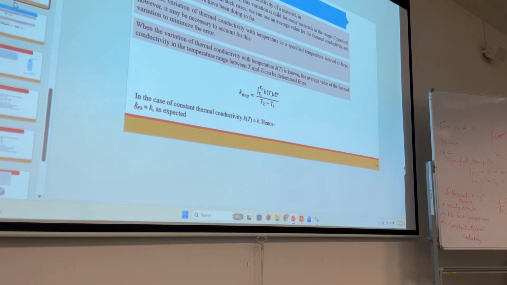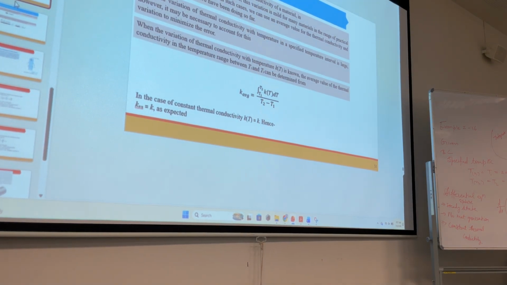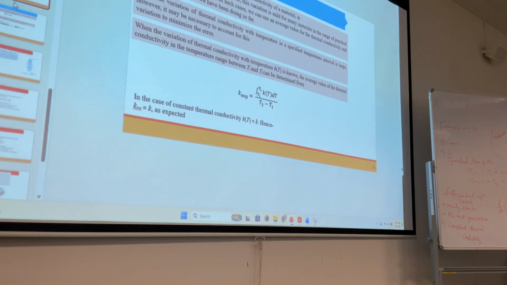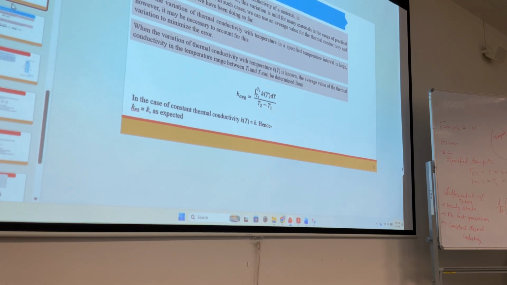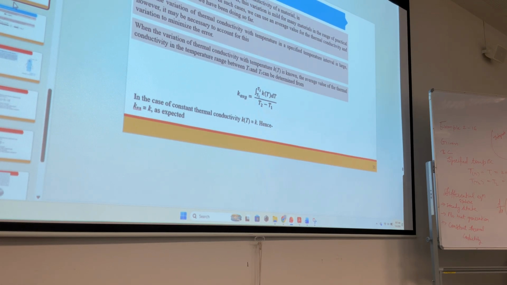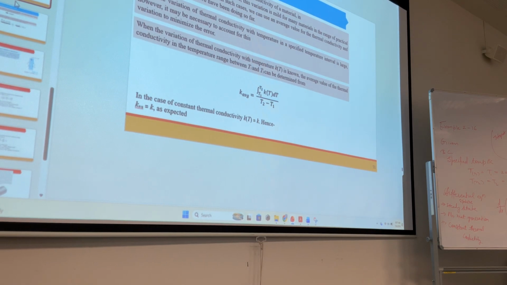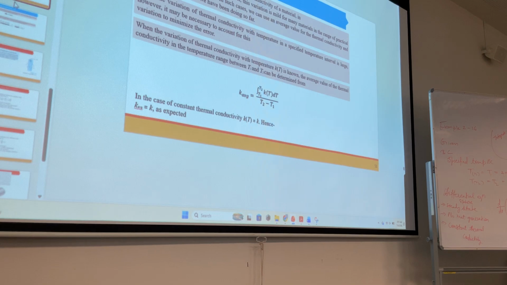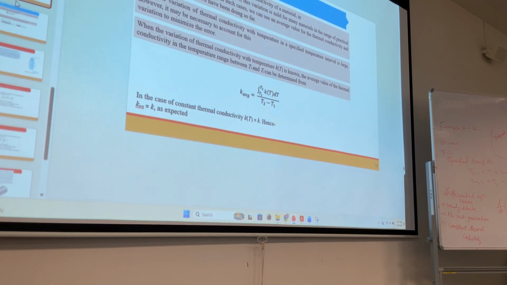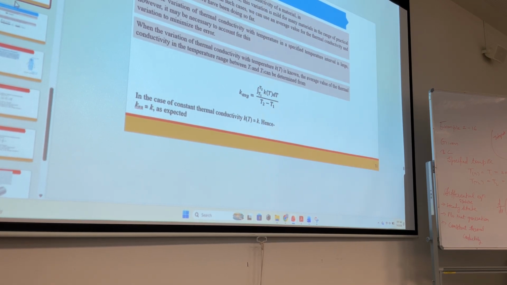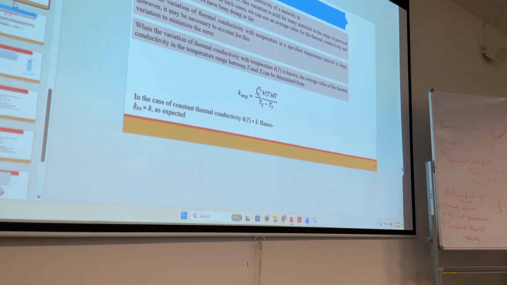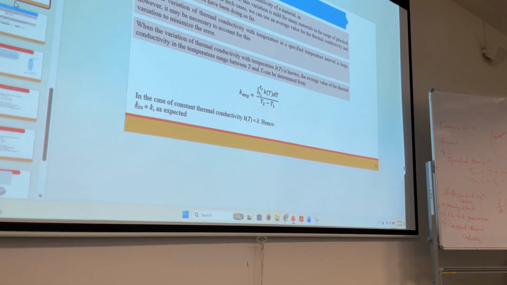Sometimes we have variable thermal conductivity. In almost all of the numericals you will have constant thermal conductivity because thermal conductivity depends on the temperature, right? Right now we are studying steady heat transfer. Steady heat transfer means temperature is not changing with time. If there is a drastic change in temperature, the thermal conductivity will change.